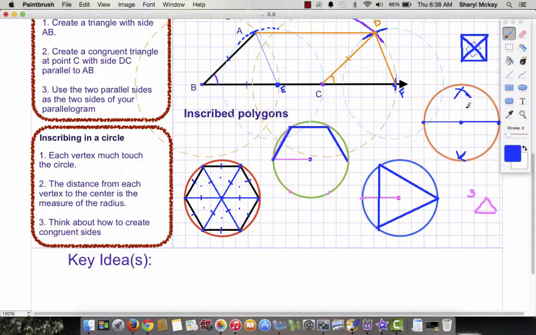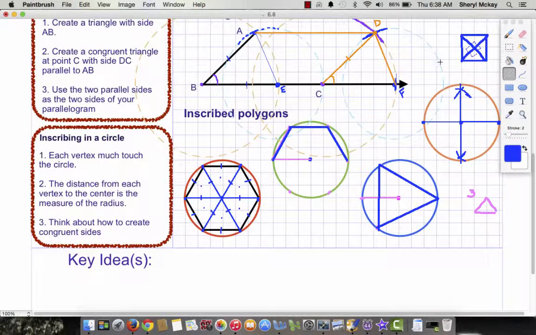And once you have your two intersections, you just need to connect those with your straight edge. So you're going to draw your straight edge through those 2 points, and go to the edge of your circle. So your perpendicular bisector has to go through the center of your circle, through the 2 points that you created, and touch the edge of your circle.